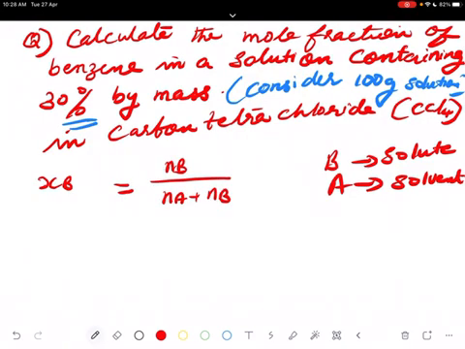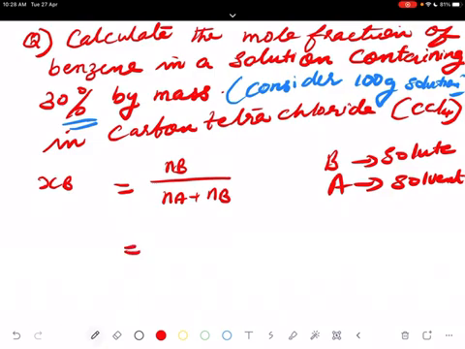We need this mole fraction because in the coming days we'll be learning Raoult's law and Henry's law. So this is a preparatory step for those laws.